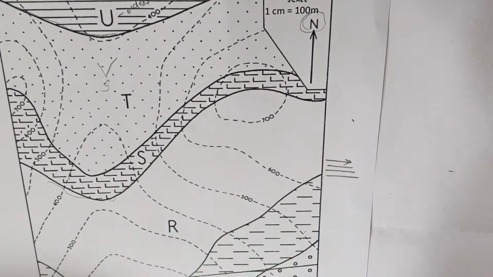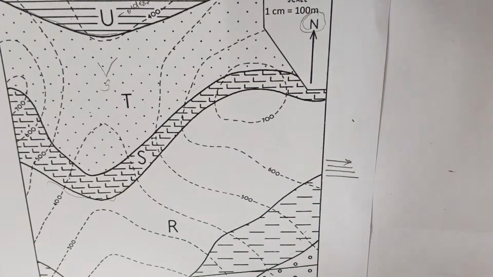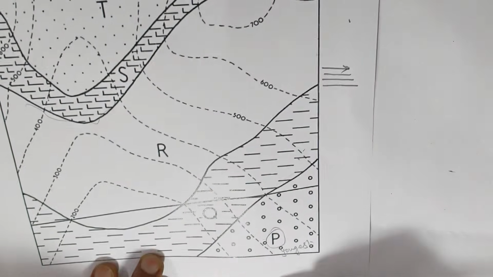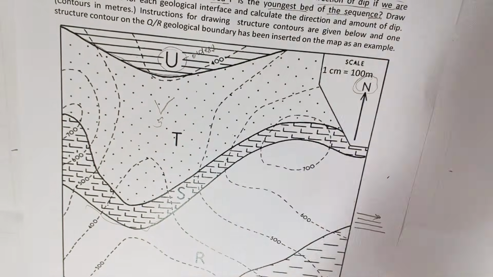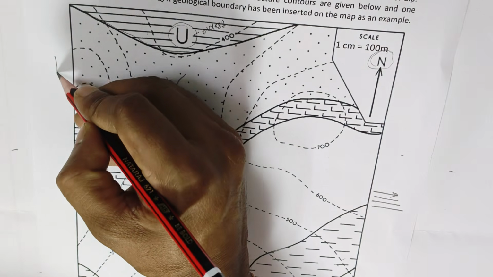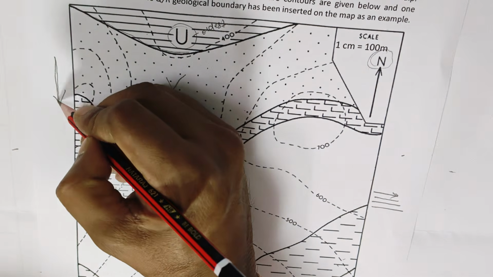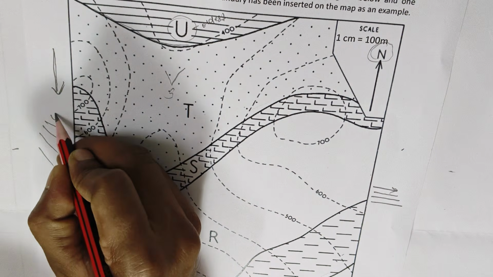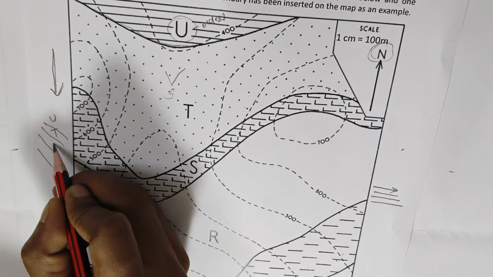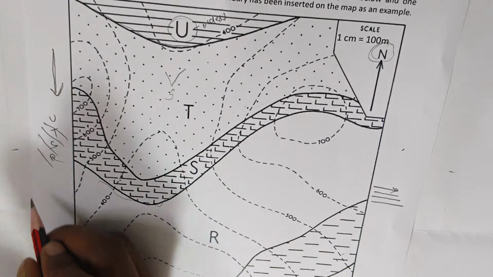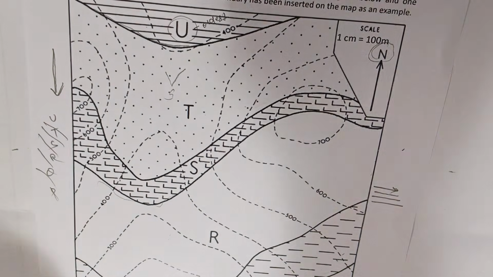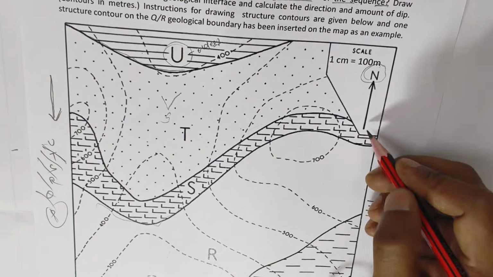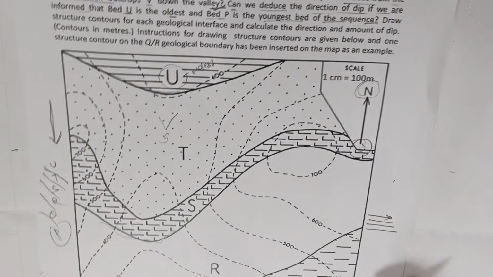So it also shows that the beds are dipping towards the south, because P is towards the south and U is towards the north. So it is dipping like that, U, T, S, R, Q, P. It is dipping towards P, or towards the south side.